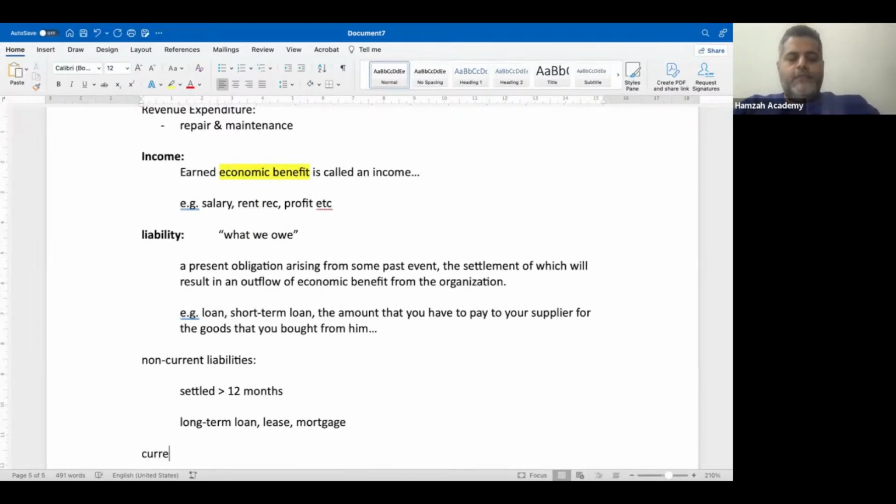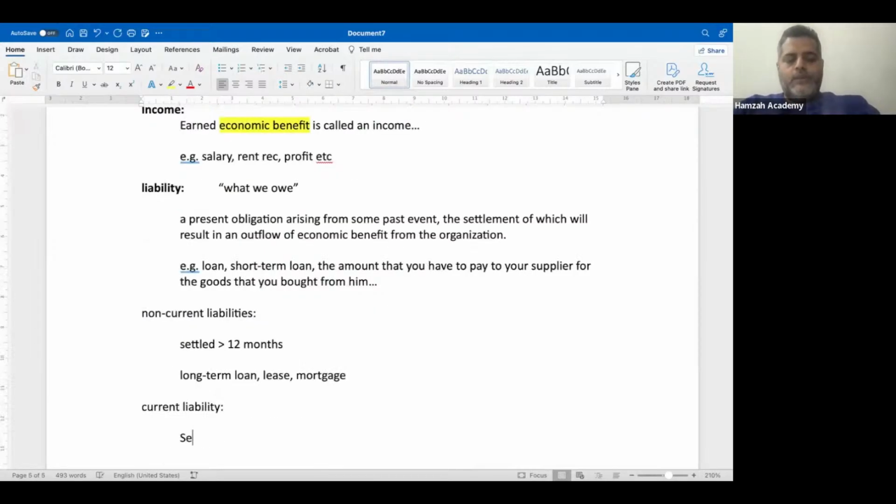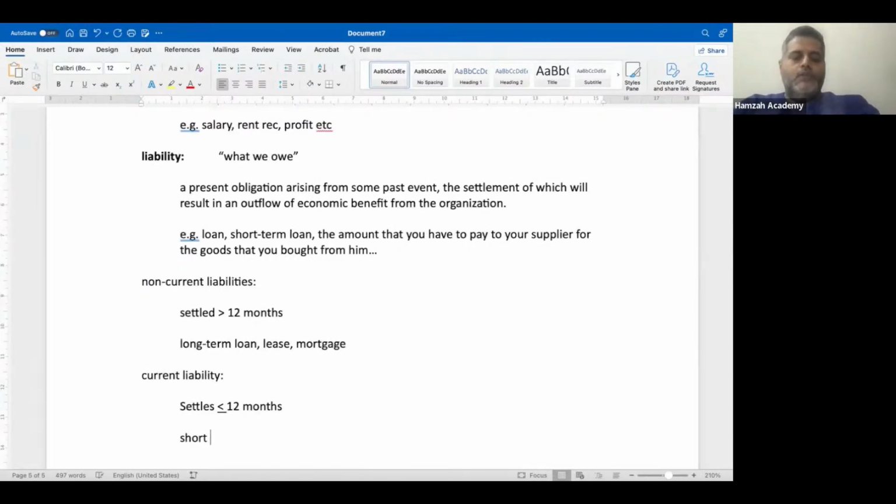Similarly, we can have a current liability as well. That is which settles in less than or equal to 12 months. For example, your short-term loan, or you can have the bank overdraft. You can have the creditors over here.